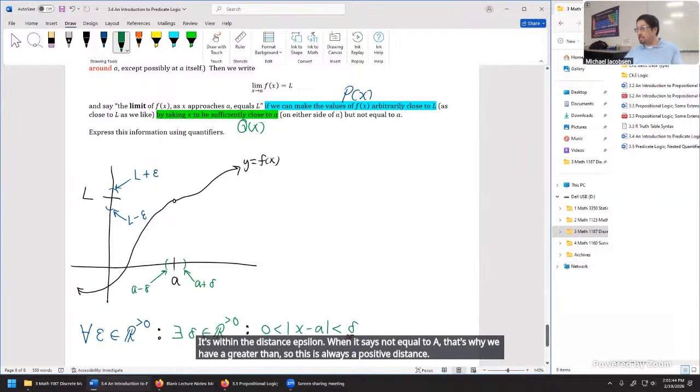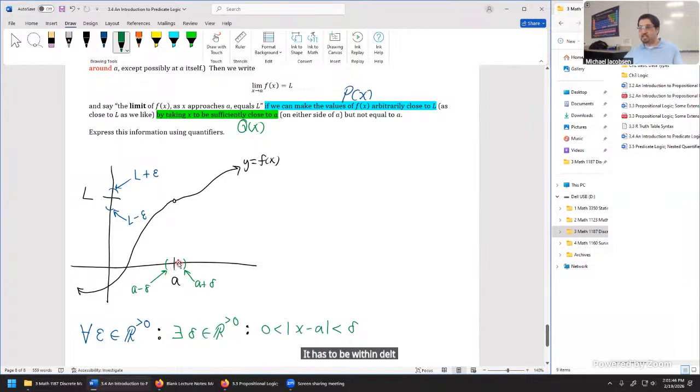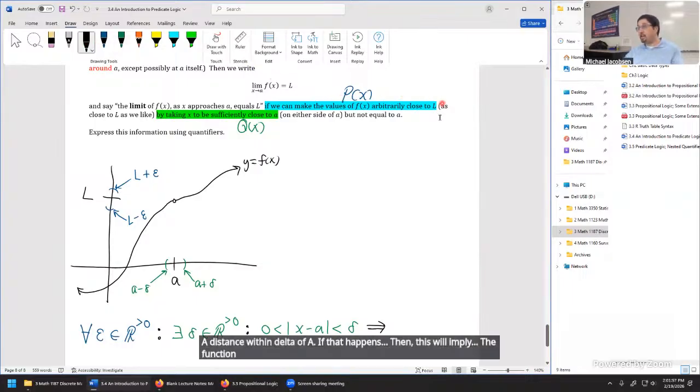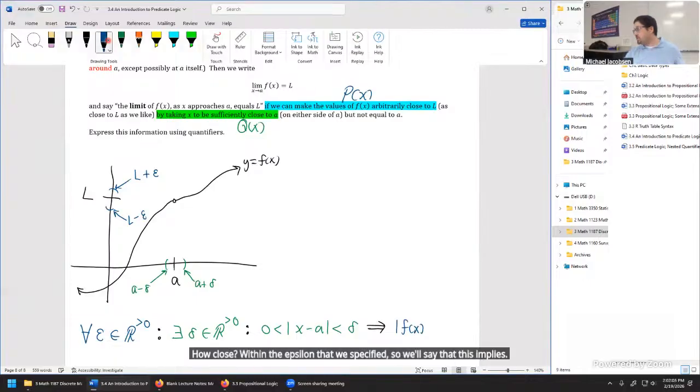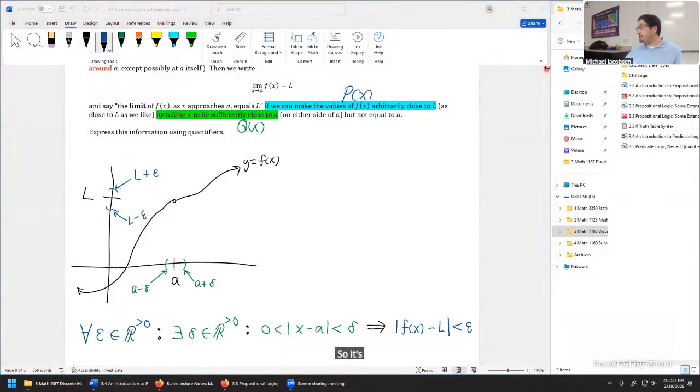It has to be within delta, so we're just saying take your x a distance within delta of a. If that happens, then this will imply the function is going to be close to L. How close? Within the epsilon that we specified, so we'll say that this implies the distance between f of x and L is less than epsilon.